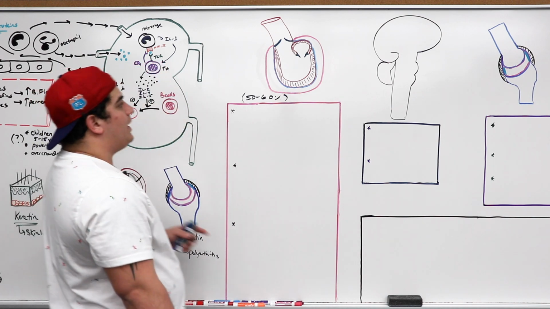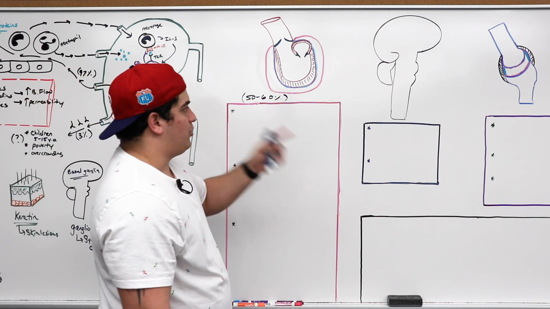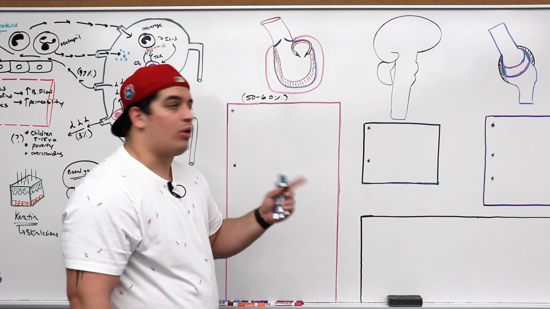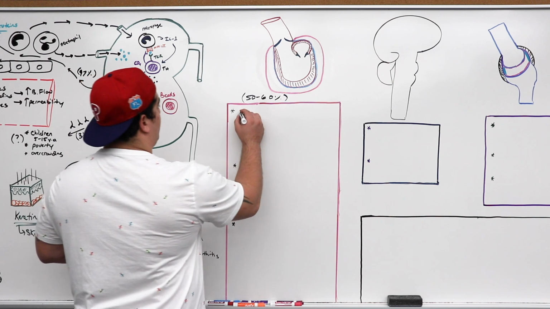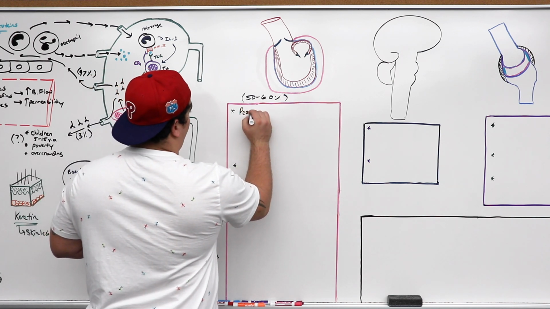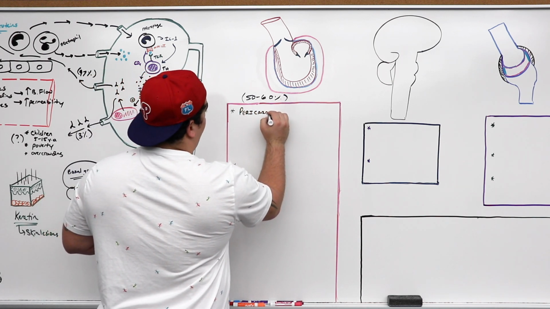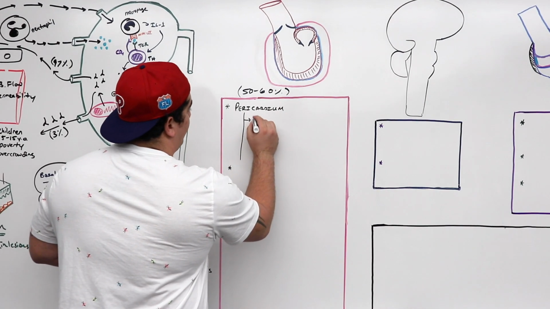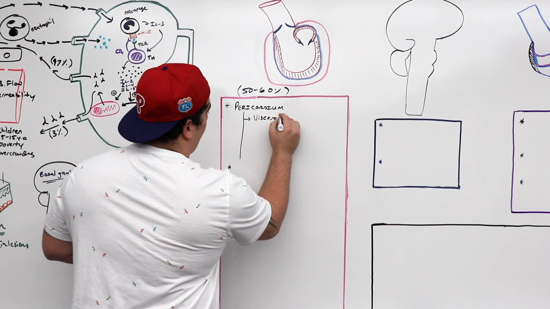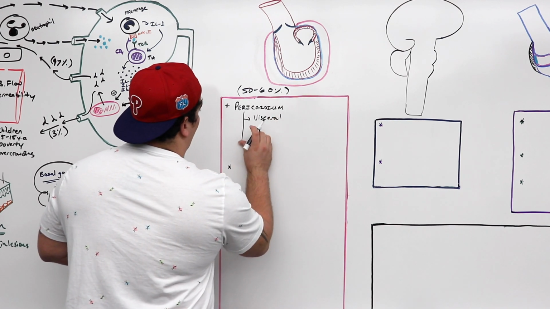So let's go through here. We said that it affects all three layers. Well, if you go back to your anatomy, what do we have? We have the pericardium first. So the first layer is going to be the pericardium. Now, just a little bit on your anatomy, what are the two layers of the actual pericardium? There's the visceral, and then there is the parietal layer.